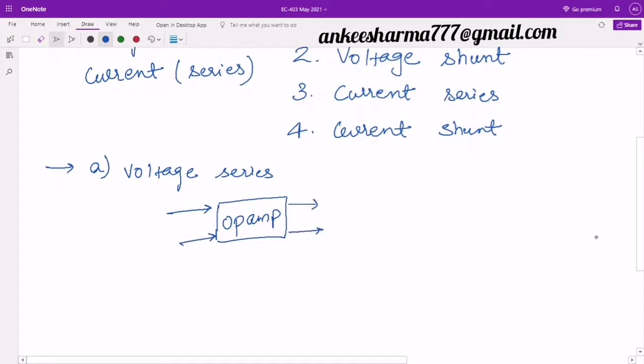One will be my ground, for example, and across this I'm going to take my load resistor RL, right? For example, I'm connecting one input with a voltage source. This is a very simple diagram in which I'm taking one input voltage, and my output will be taken across this RL, or simply across these two terminals your output voltage will be there.